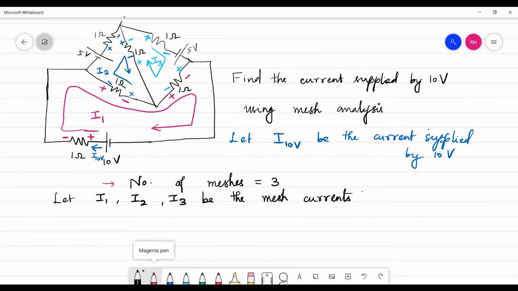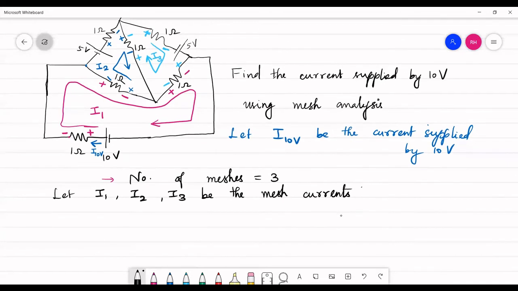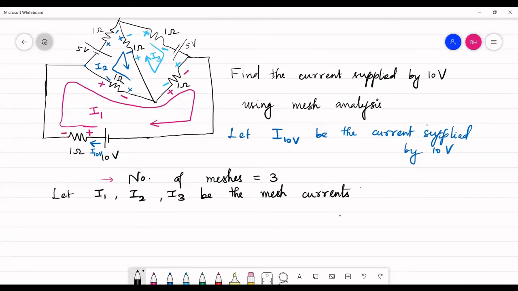And now the next step is to apply KVL, right? So before you apply KVL, we are going to now split the page into 2 halves.